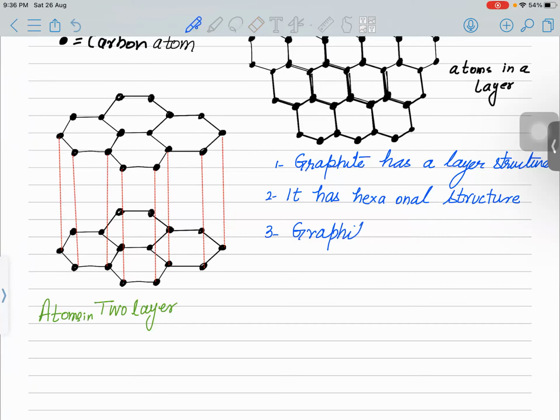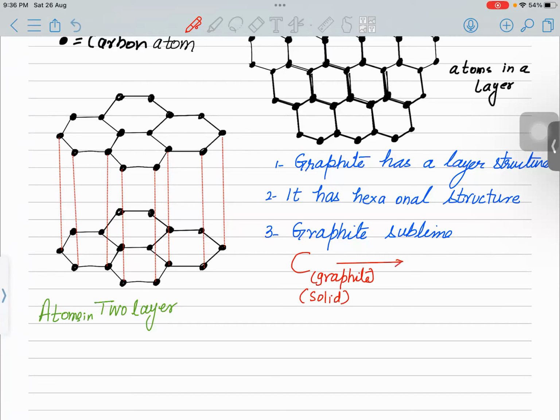Exactly. It means, let's suppose this is C. C means carbon. C graphite solid. So when you heat, it converts into C gas.